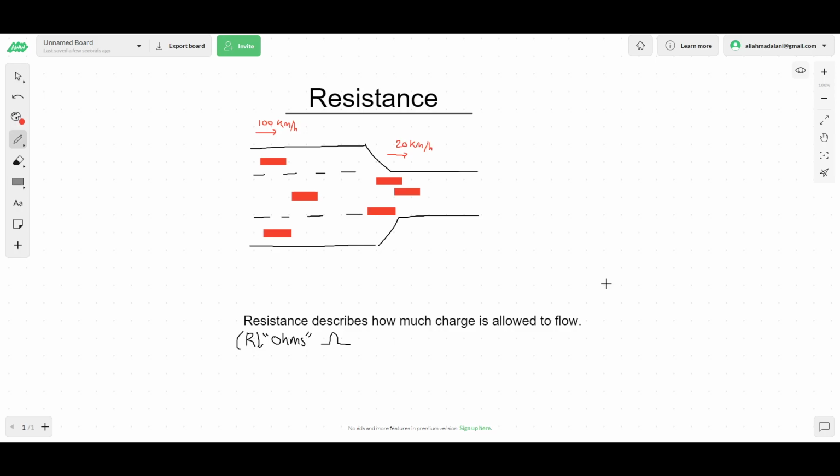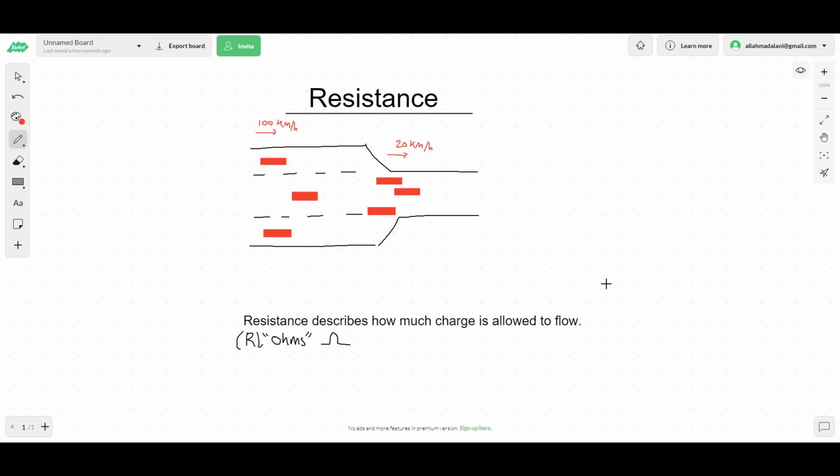So what I want you to imagine resistance to be is something like a speed limit. Resistance describes how much charge is allowed to flow within a component or within a circuit. So for a low resistance value, this means that the speed limit is higher. The cars are allowed to go faster. There are more lanes for the charges to travel on.